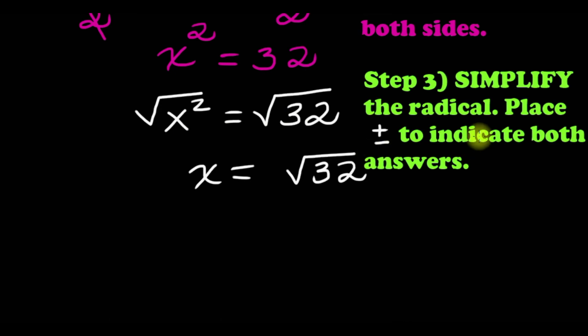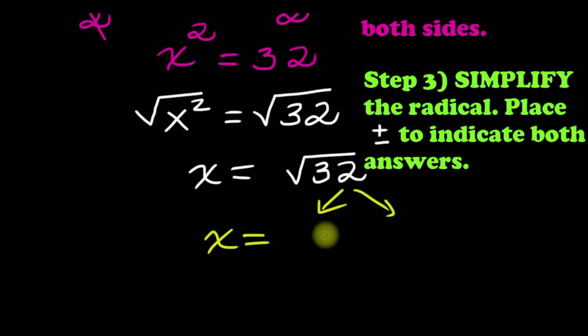Step 3 is to simplify the radical. So here we have a square root, and then you need to place plus or minus to indicate both answers. We are going to simplify the square root of 32. We're going to break this up using the largest perfect square that can go into 32.